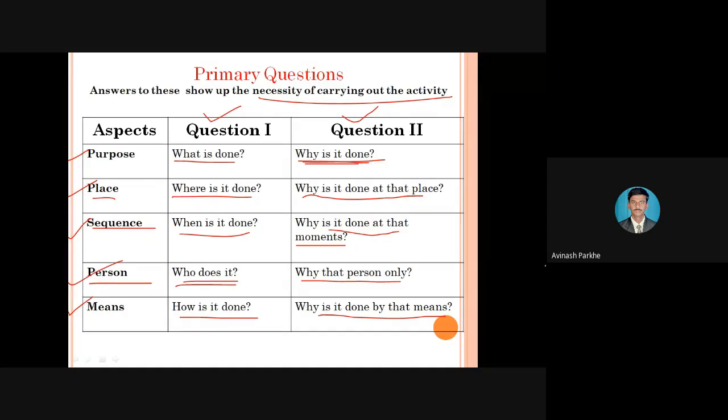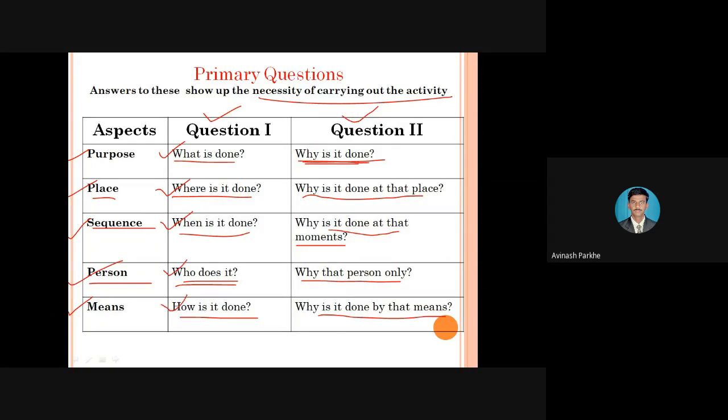So question number 1 and question number 2 are correlated with each other. In question number 1, all the 5 WHs are present. That is, what, where, when, who are present, and how is also present.